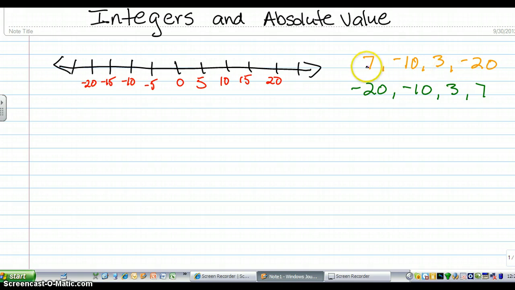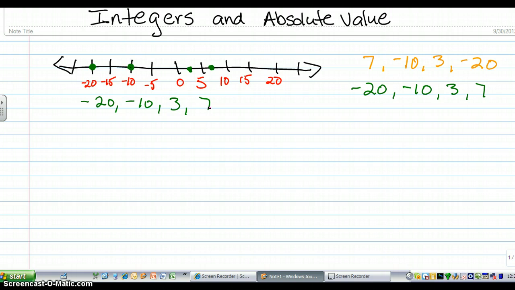So if I just graph these, 7 is about right there. -10 is right there. 3 is about right there. And -20 is here. So then if I read it from left to right, you can see I have -20, then comes -10, then my 3, and then my 7.